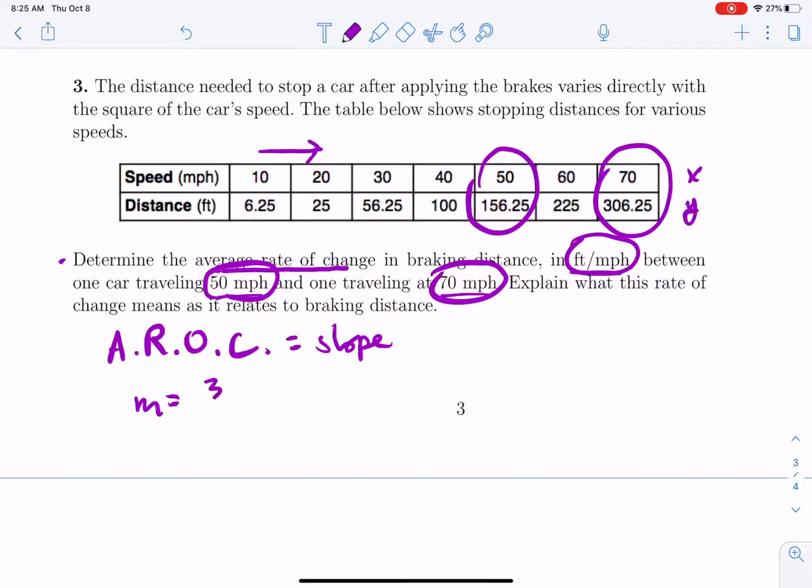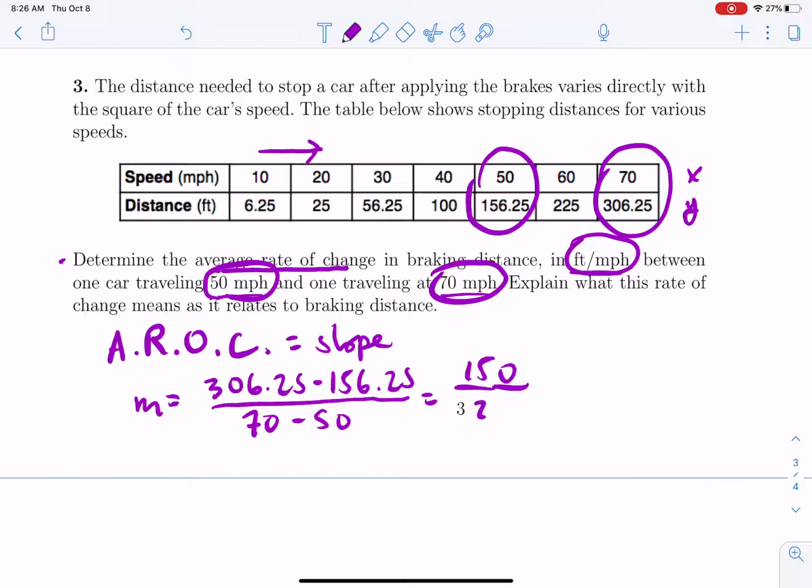So our slope is going to be 306.25 minus 156.25 over 70 take away 50. Turn to your calculator: 306.25 take away 156.25 gives you 150 over 20. If I simplify that, it simplifies to 7.5.